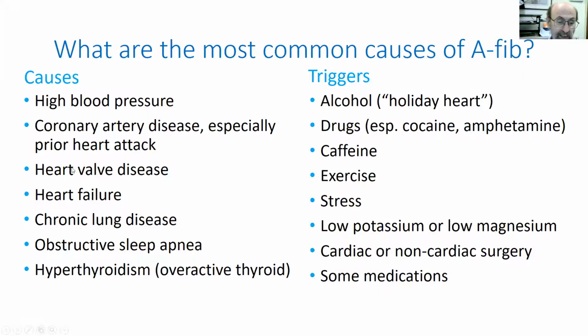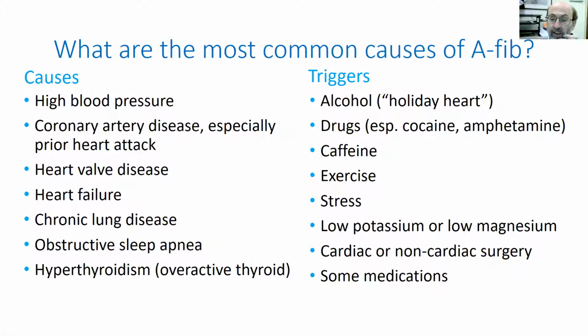Heart valve disease, like disease of the aortic valve, narrowing of the aortic valve called aortic stenosis, other types of heart valve disease, a condition known as heart failure, which means that the heart is not pumping enough blood to keep up with the body's needs, can also lead to atrial fibrillation. Chronic lung conditions such as COPD, obstructive sleep apnea, and overactive thyroid, all of those can lead to atrial fibrillation.